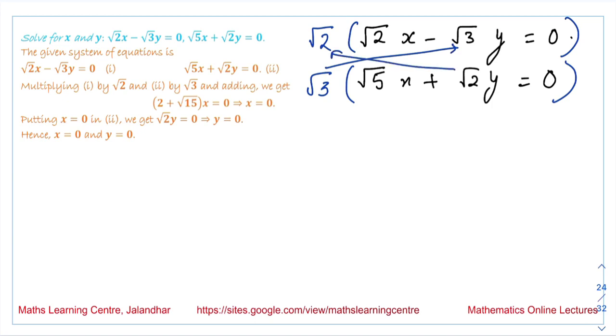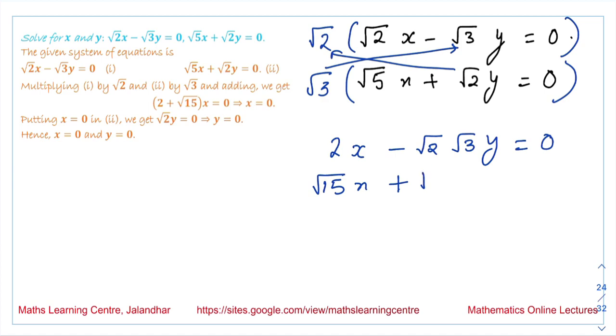So these equations will become root 2 into root 2x, that is 2x, minus root 2 into root 3y equal to 0. It is square root of 15x plus, when we multiply these terms, it is 2 into root 3y is equal to 0.